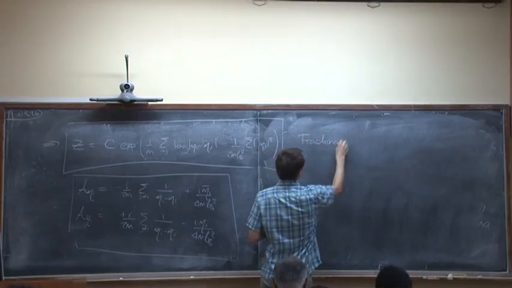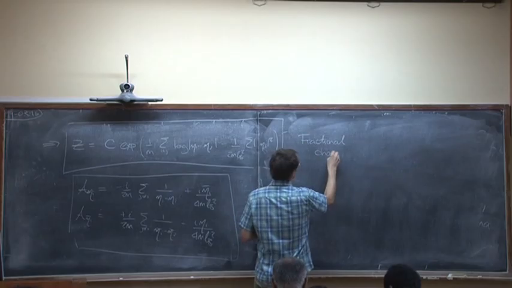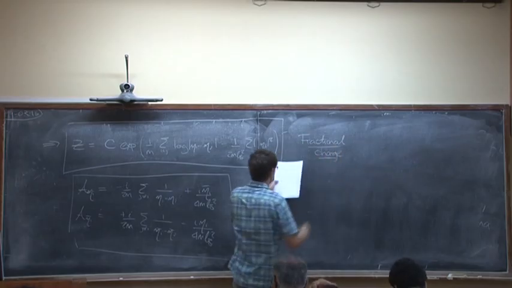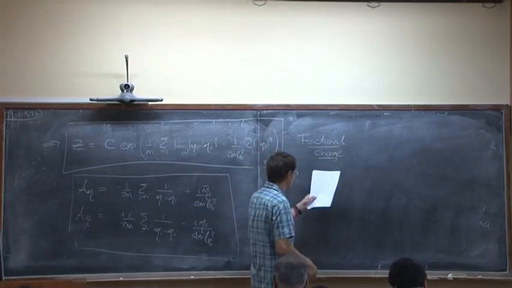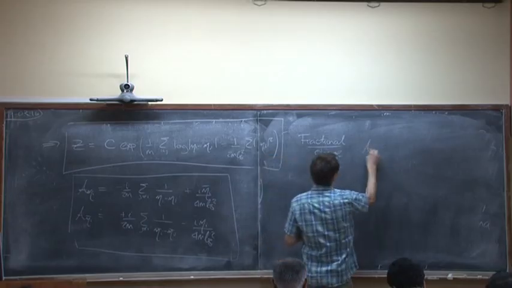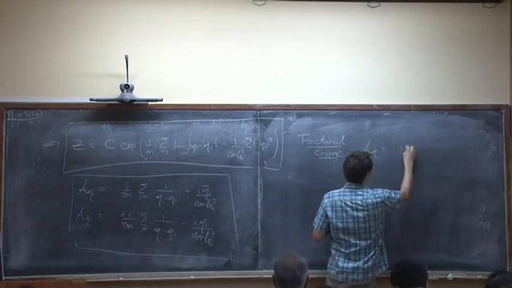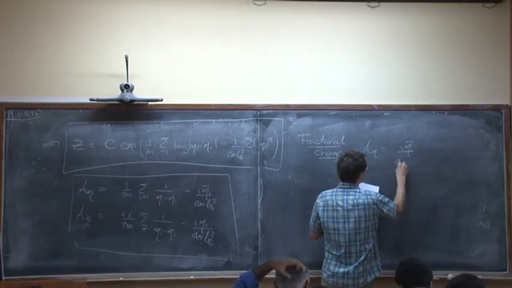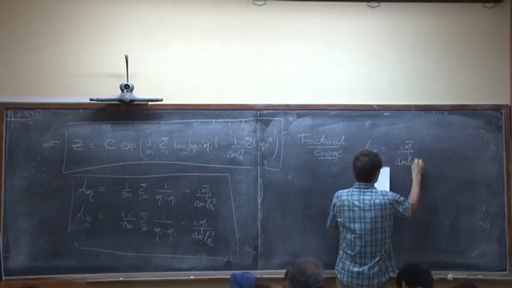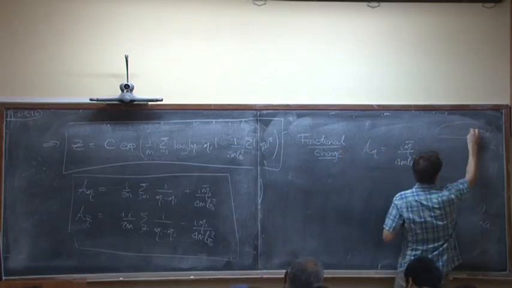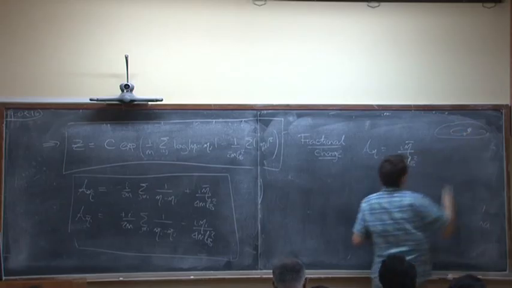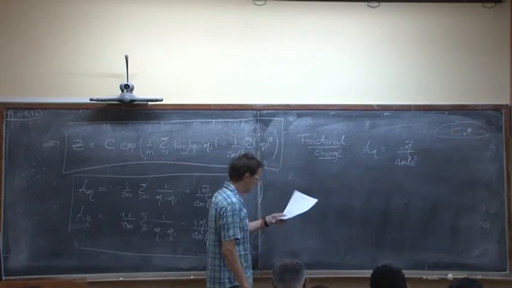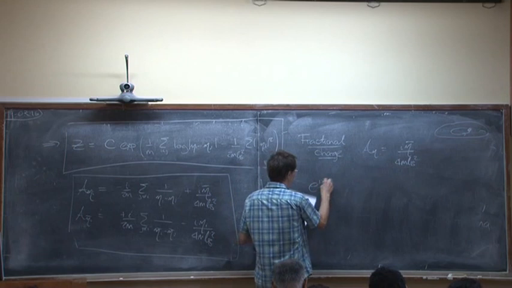There's a fractional charge, and in that case, you only get the second term. So remember, the fractional charge is where you take just one quasi-hole and move it in a circle. And you can very easily compute the Berry phase.